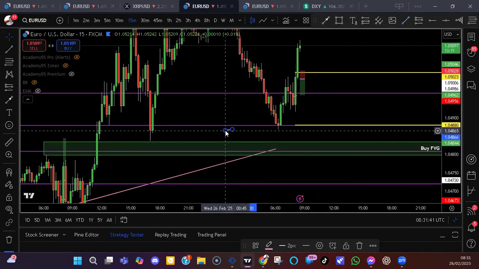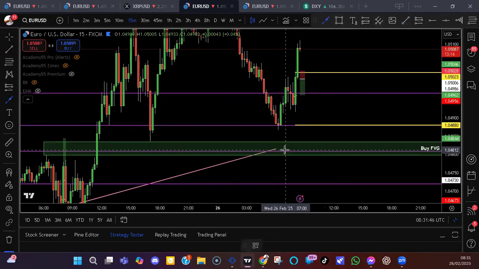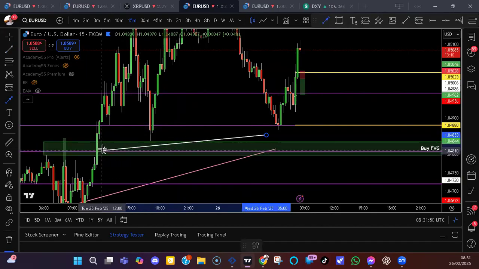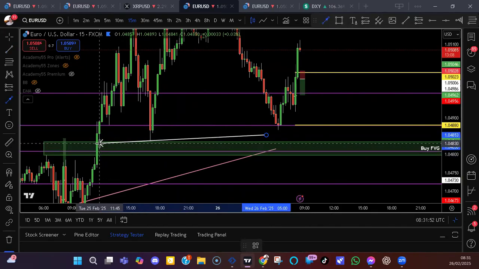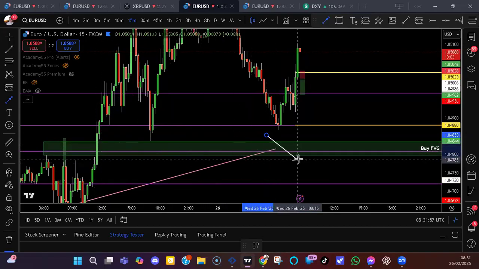I've got the wrong tool here. Sorry. This is what I want, the pointer. So this candle here was all buy. That's why this box has been drawn up.